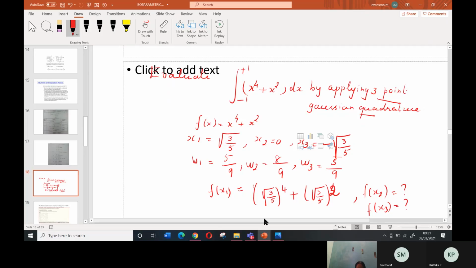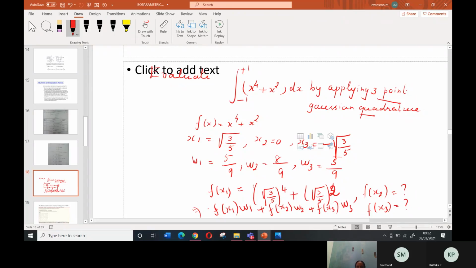Substitute the values. Finally, the integration of this is equal to the summation, what's the formula? We have seen summation from i equal to 1 to n of w into f of x. That is w1 f of x1. The answer is f of x1 into w1 plus f of x2 into w2 plus f of x3 into w3.